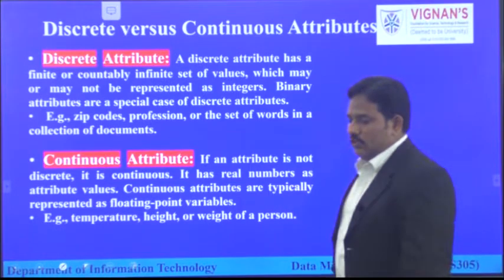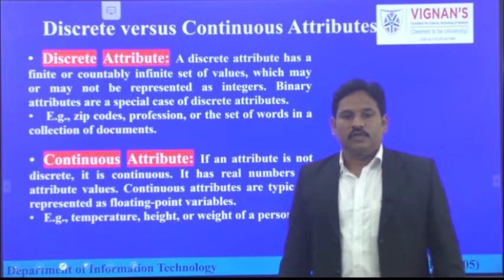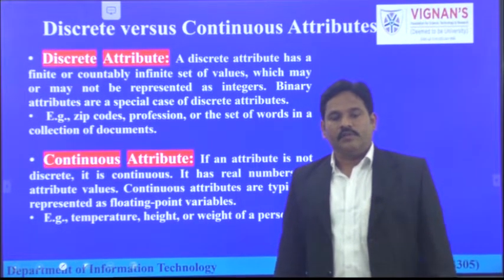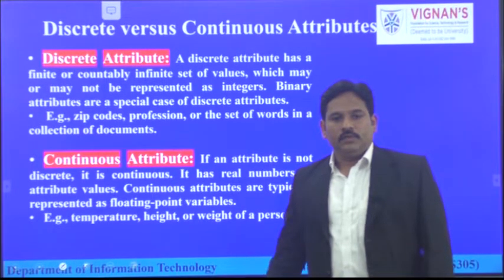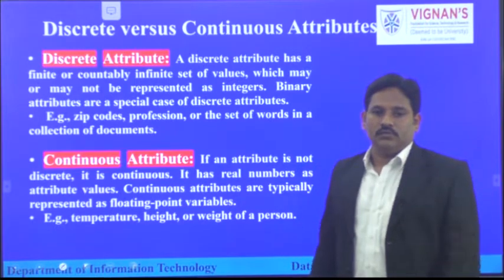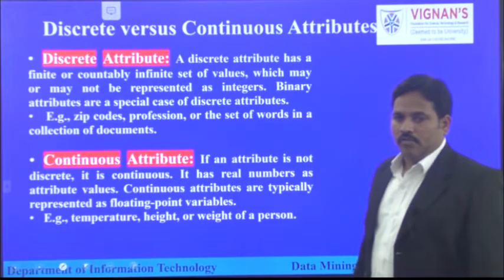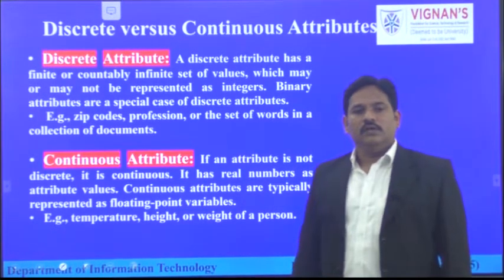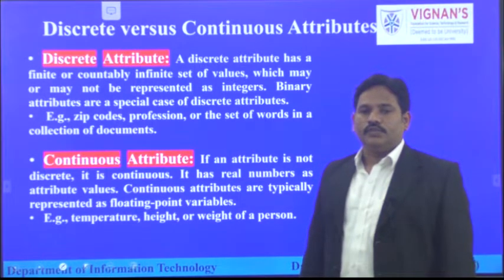Now, till now we have seen types of attributes: binary, under binary we have seen symmetric and non-symmetric, the third one ordinal attributes, and lastly numeric attributes. Under numeric we have seen interval scaled and ratio scaled.